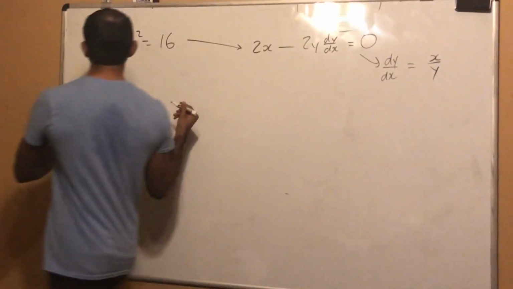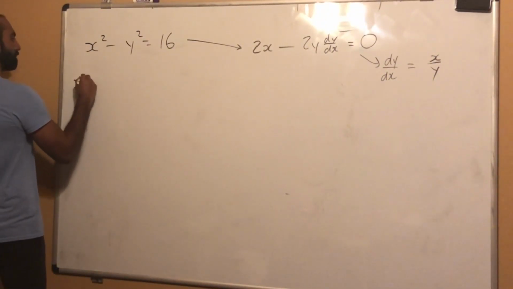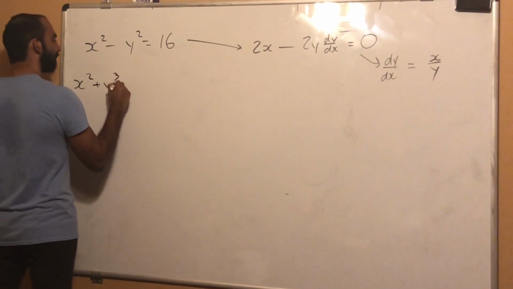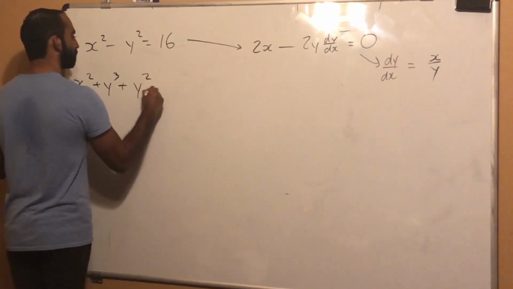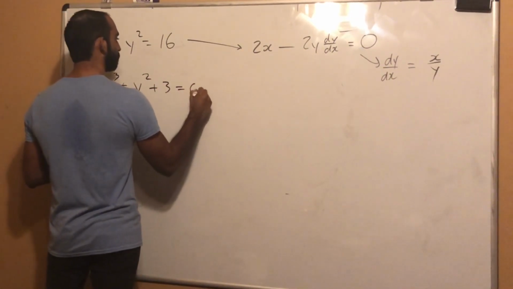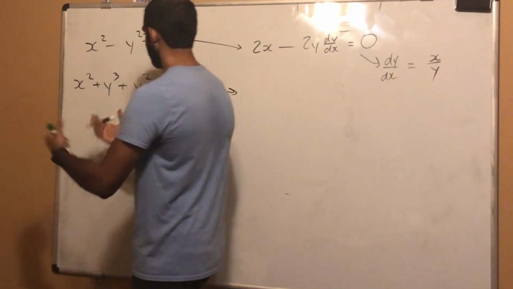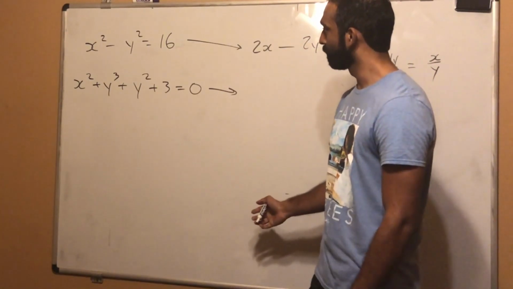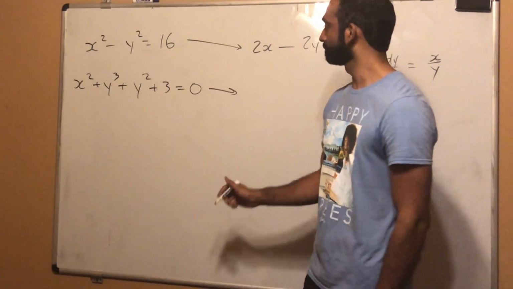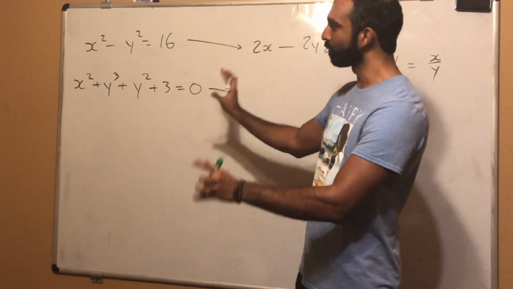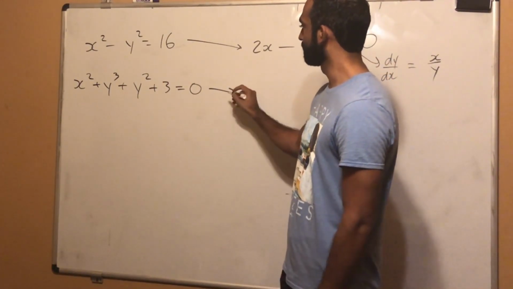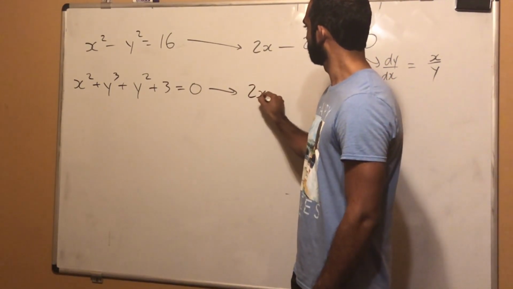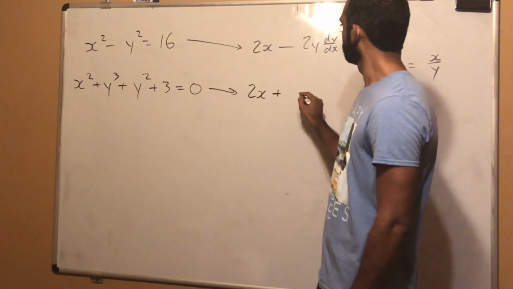So likewise, let's take x squared plus y cubed plus y squared plus 3 equals 0. It's going to generate some nice shape in the coordinate plane. And I can write the derivative expression right off the bat, without operators.